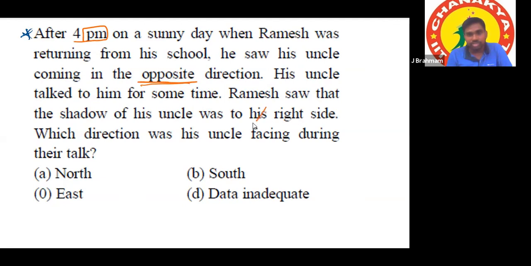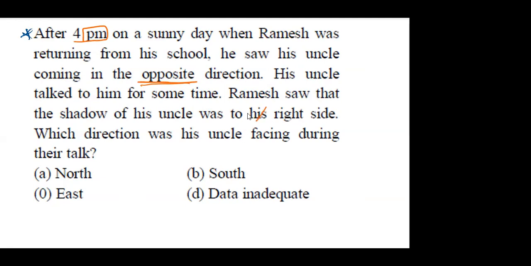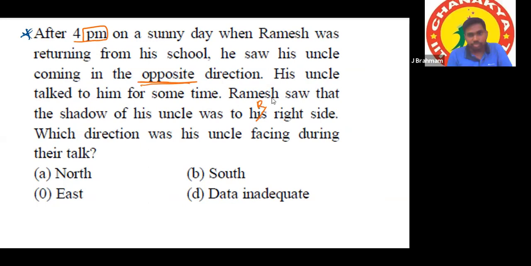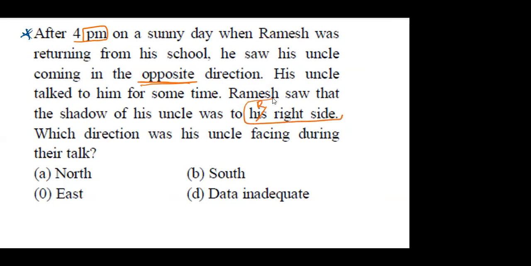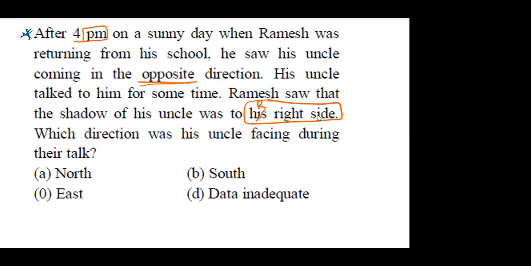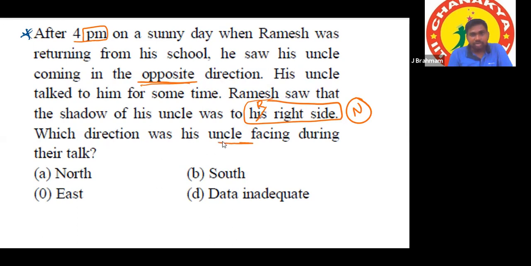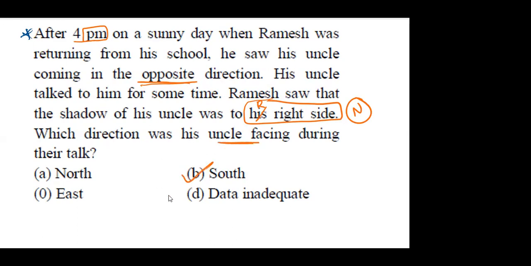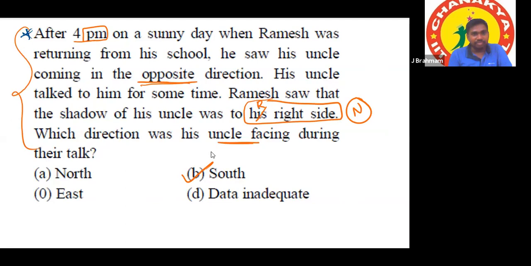So here, who is his? Ramesh. So Ramesh right side. Evening, shadow right means he is facing north. So the question is, in which direction is his uncle facing? South. So there is a big story, but we have answered it without taking anything.